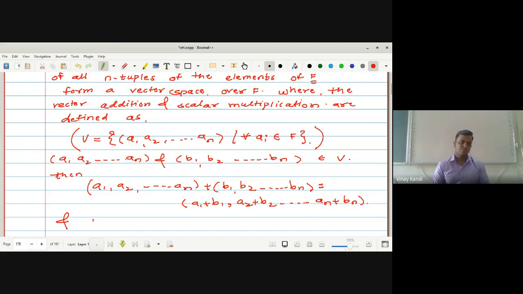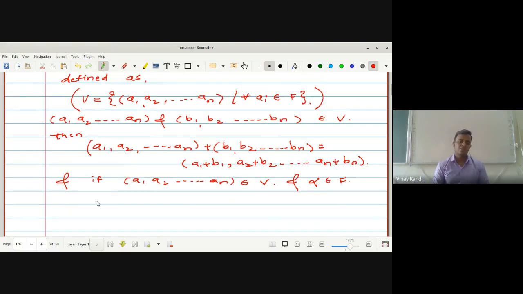And if a1, a2, up to an is an element from the set V, and alpha belongs to the field F, then the scalar multiplication is defined as alpha into a1, a2, up to an, which is equal to alpha a1, alpha a2, up to alpha an.